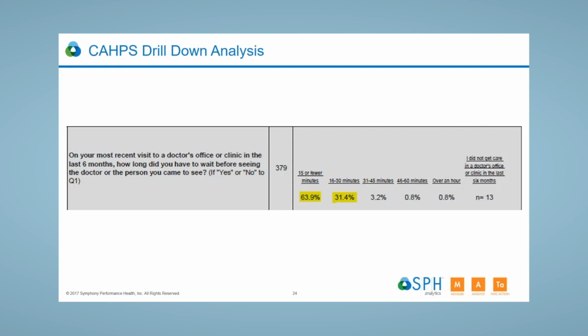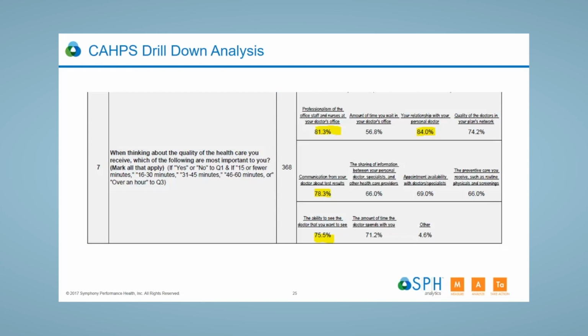Very good access in terms of wait time. So that really wasn't something we needed to focus on. We could have spent a lot of time working with offices to try to minimize the wait time, but we found that that really wasn't a problem. We could move on to other issues.